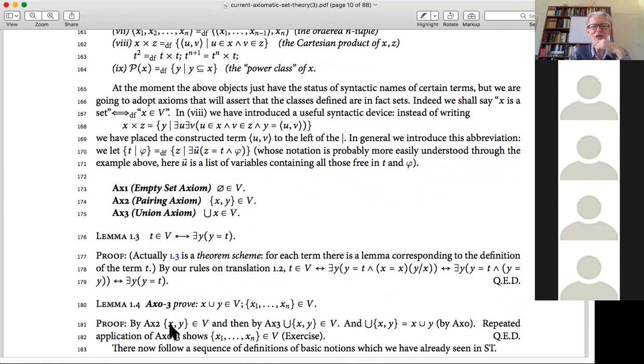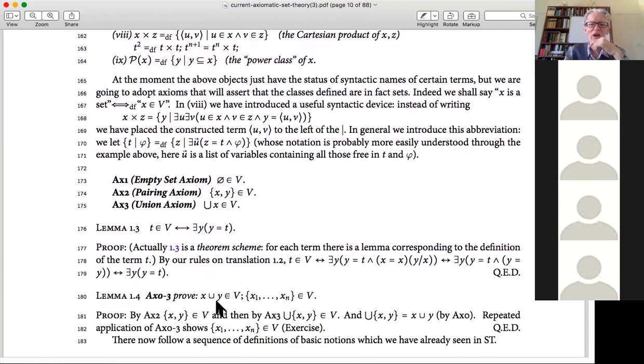So, for example, to prove that x union y is a set in V, well, axiom 2 says, okay, as a start, the unordered pair xy is a set in V. And then axiom 3 will say I can apply union to this thing that I've justified as a set, and this will be a set.